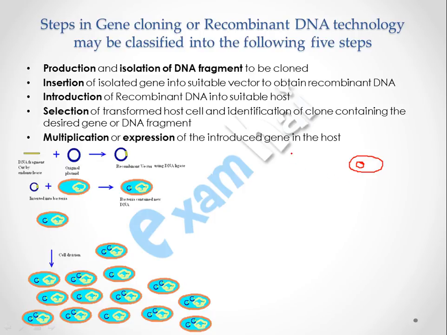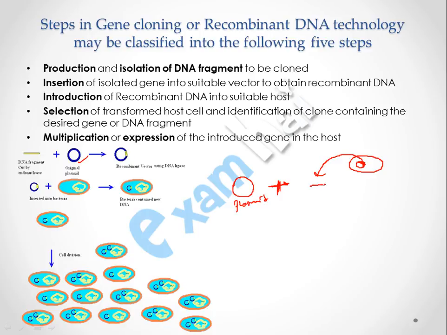After that, insertion of the isolated gene into a suitable vector. So what they do is, this is the plasmid, and this plasmid is a vector. This is the original plasmid, and this plasmid is a vector. We have added a DNA of interest which is isolated from some bacteria.